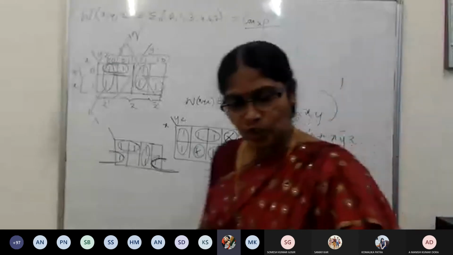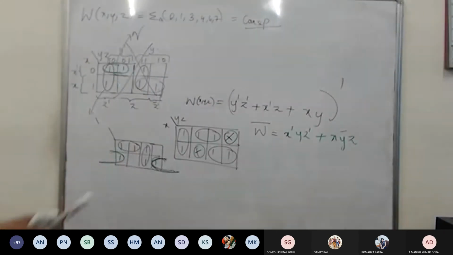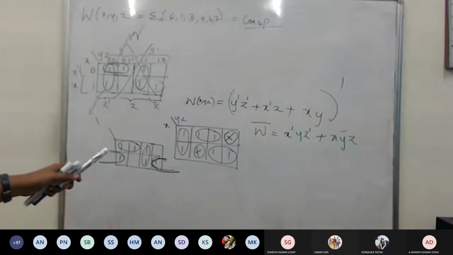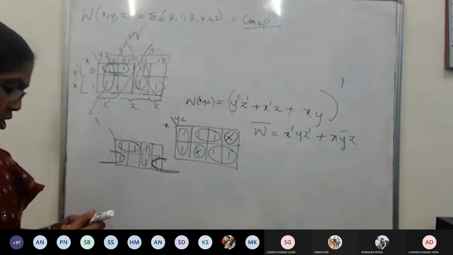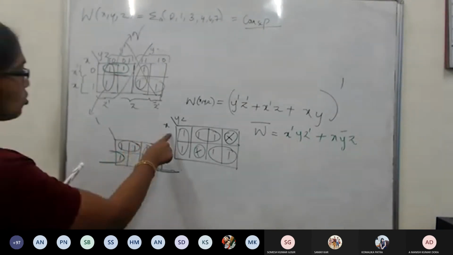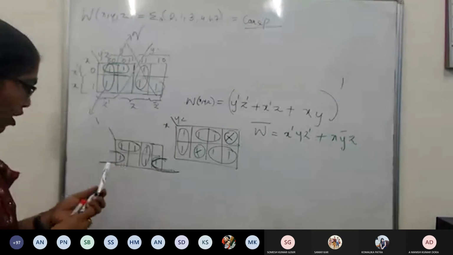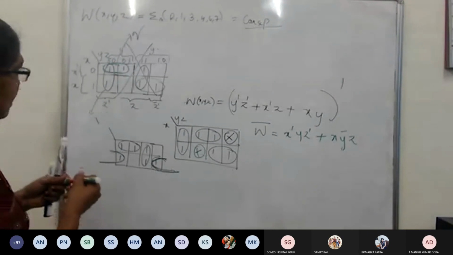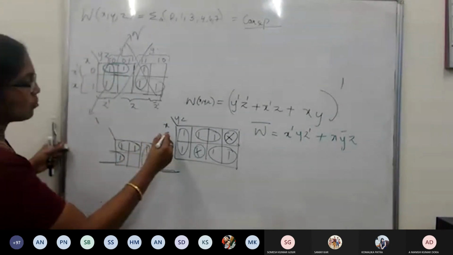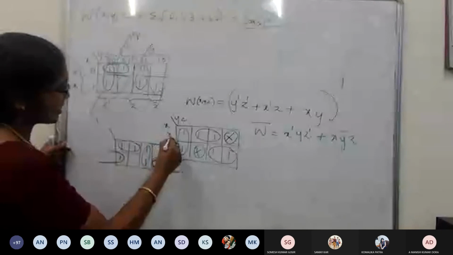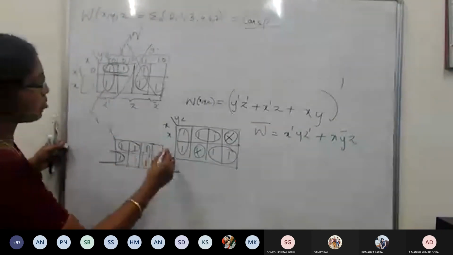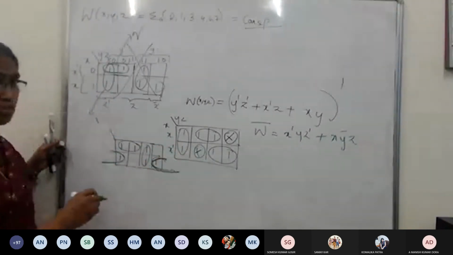Yes, we can. You can use the same complement method, but we have to use the areas in a different manner. How should we do it? 0 is supposed to be X, and 1 is supposed to be X bar. Just reverse. It has to be reversed.